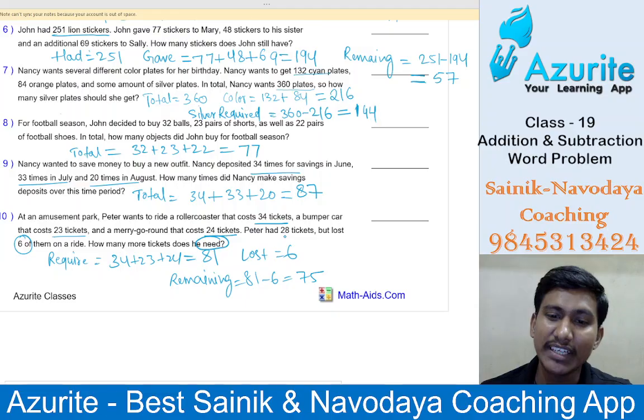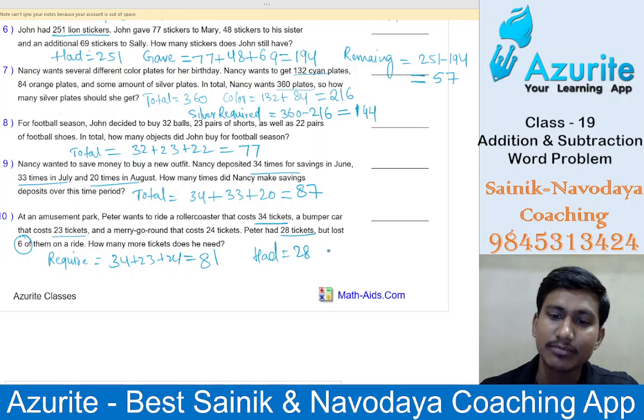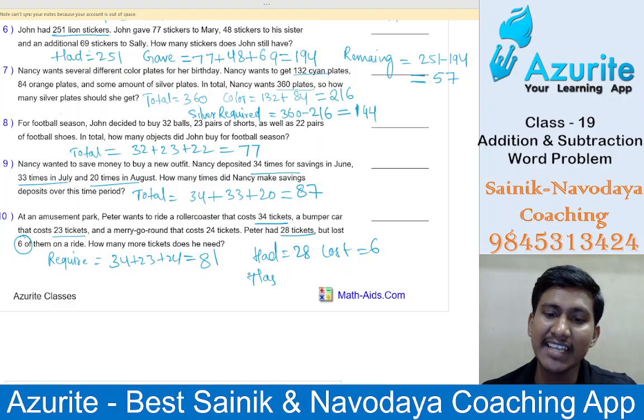Peter had 28 tickets. Okay, wait. So listen, once again I will do it. So here we will not go that way. The total required is 81. Had how much? That is 28. Now lost is how much? Lost is 6. So how much does he have now?